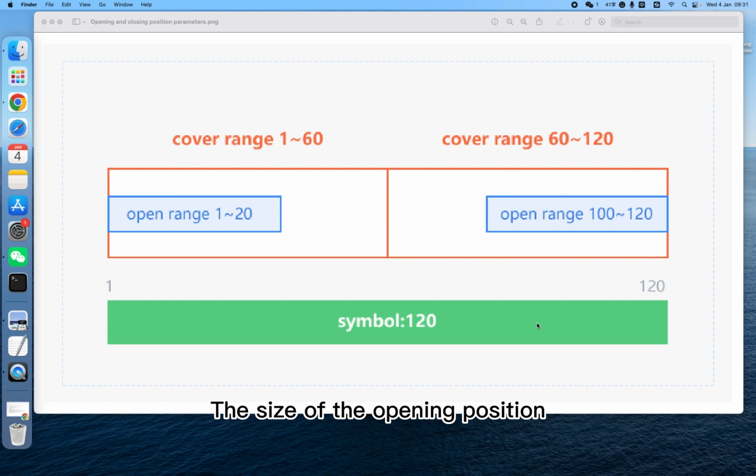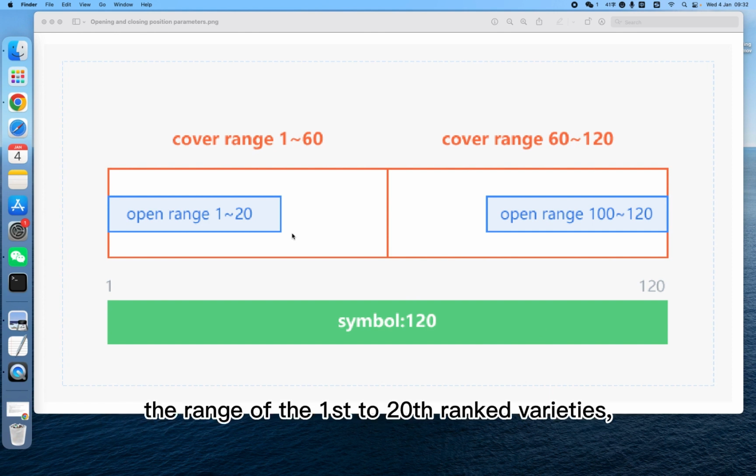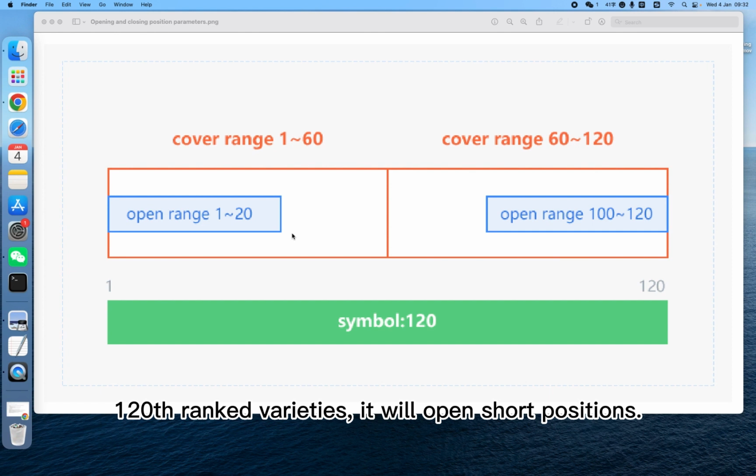The size of the opening position, the trade number, is set to 20, which means that it will open long positions within the range of the first to 20th ranked varieties, and in the range of the 100th to 120th ranked varieties, it will open short positions.